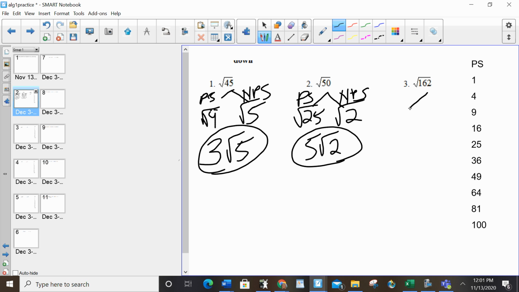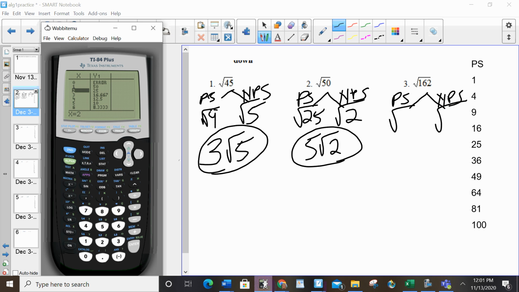Radical 162. I'm going to break it down into perfect squares and non-perfect squares. If I want to use my calculator trick, I go to y equals 162 divided by x.